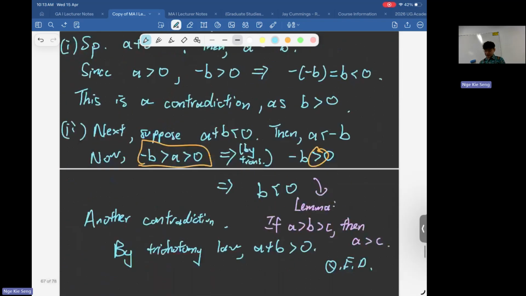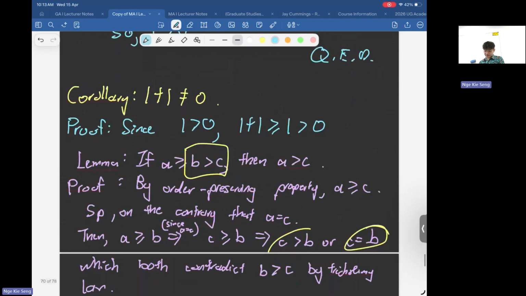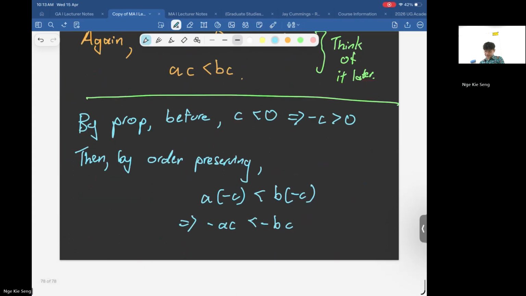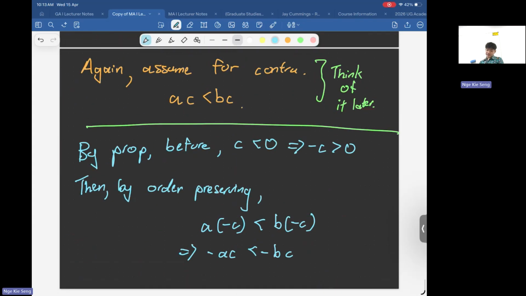But then I think this is what Qi Yang needs, right? Do you need C inverse? You need C inverse, then you need to prove the second line already.